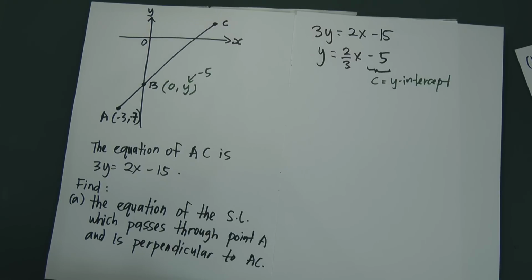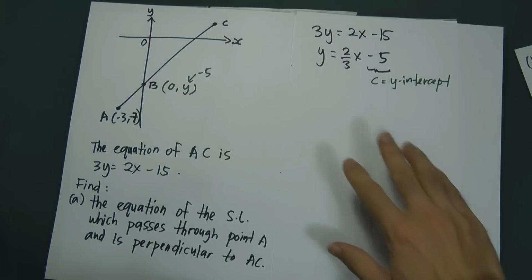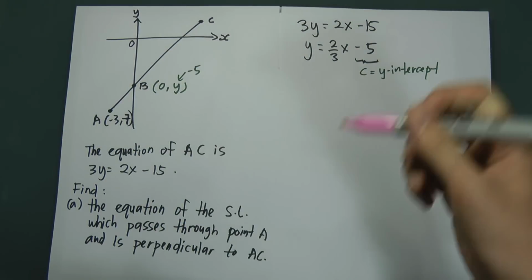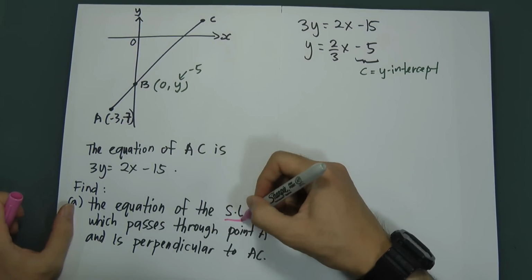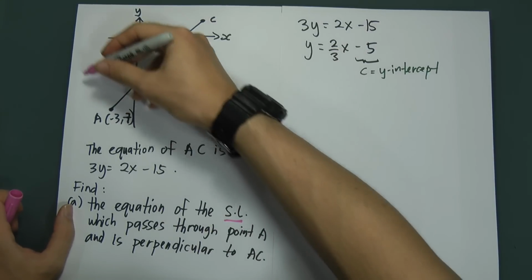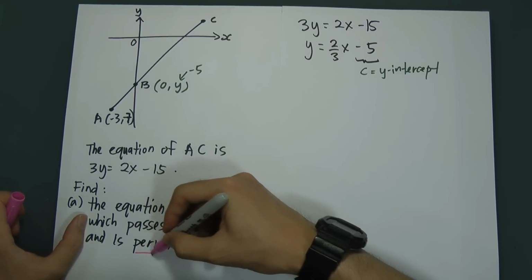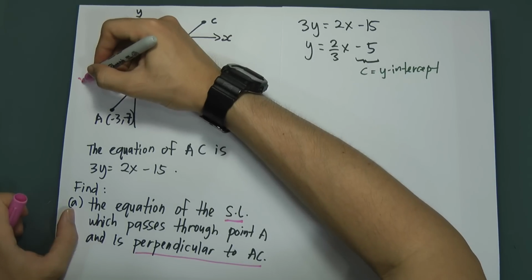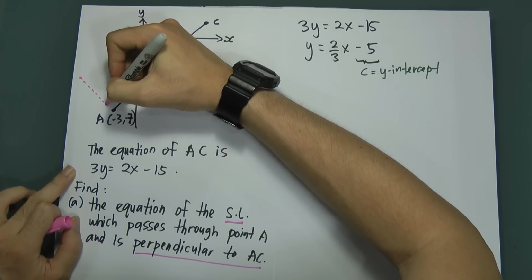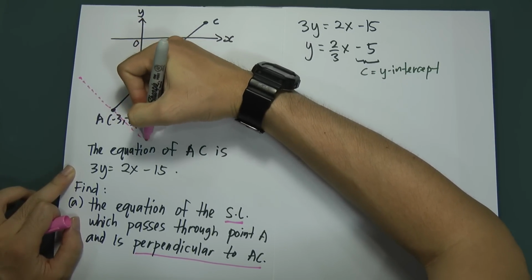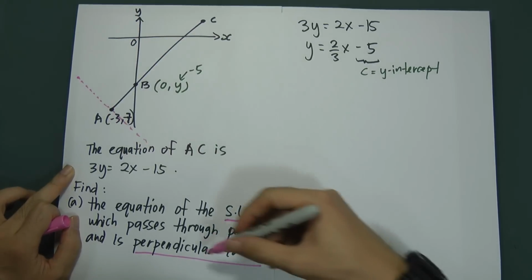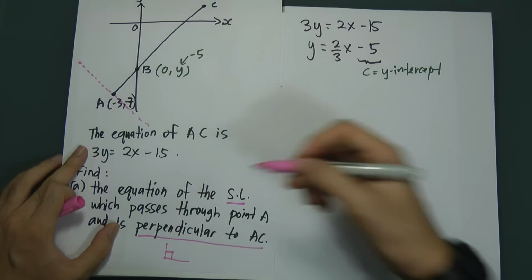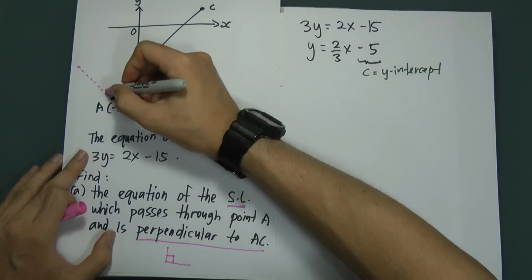He gives very important information: this straight line will pass through point A and form a perpendicular to AC. So I draw a straight line using a dashed line which will pass through coordinate A and form a perpendicular to AC. Perpendicular means 90 degrees, meaning I will form 90 degrees over here.